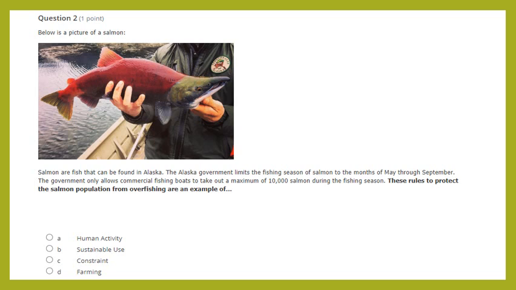These rules to protect the salmon population from overfishing are an example of A, human activity, B, sustainable use, C, constraint, or D, farming. So again, the government has rules of when commercial fishing vehicles can fish and how much they can take out. This prevents overfishing. So what is this an example of?